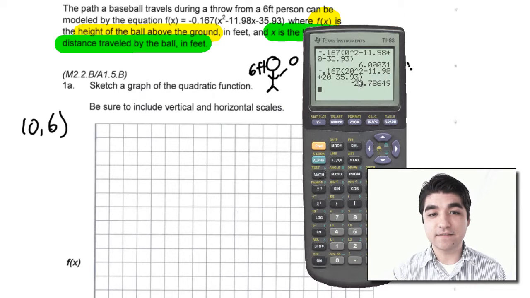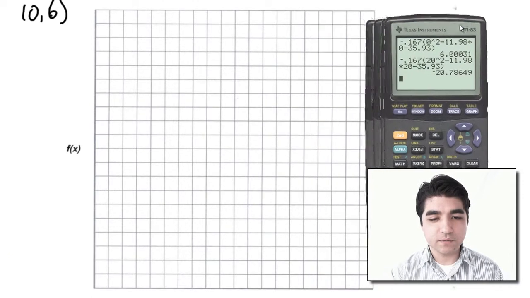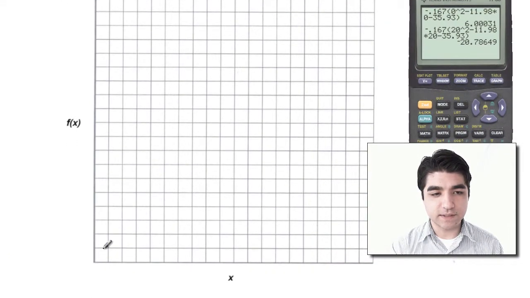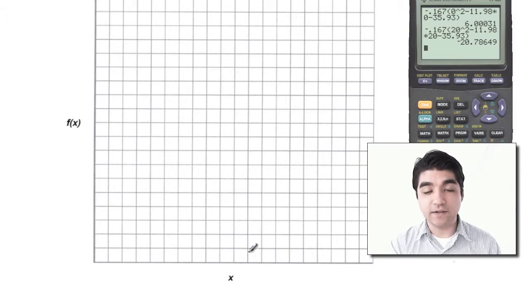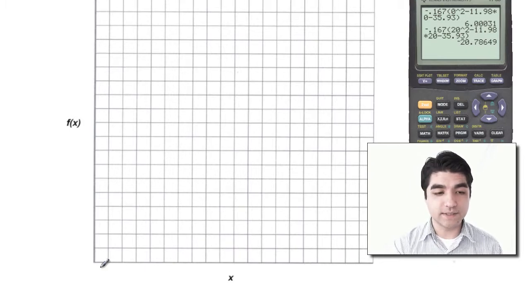So when we put 20 in for x, we got a negative number, which means we probably went too far. So we know the x scale has to be less than 20, and we can probably go by ones down here.